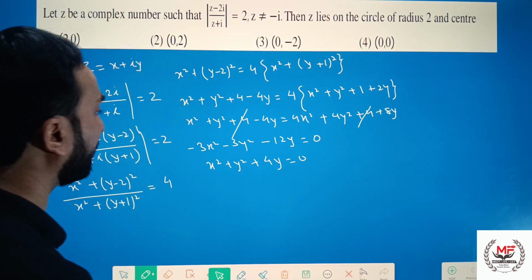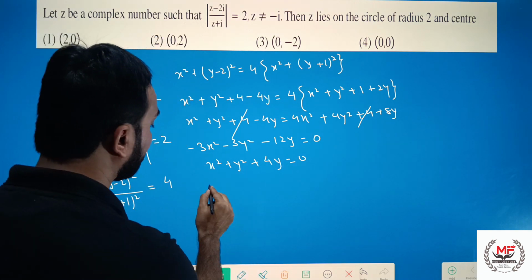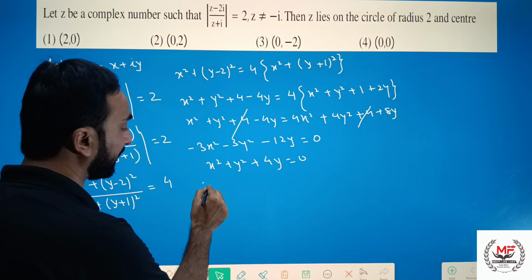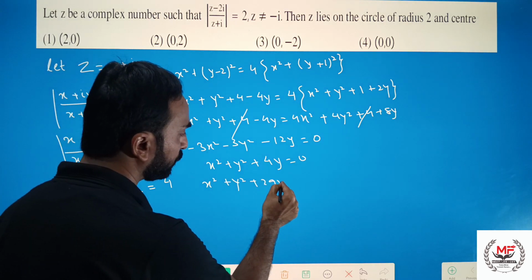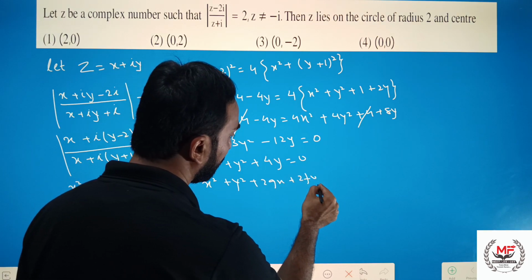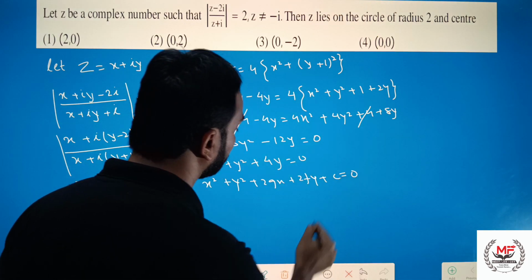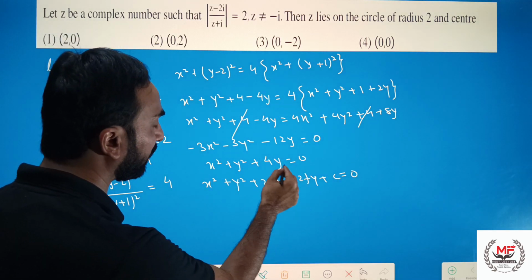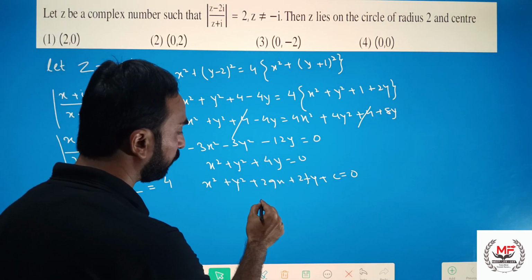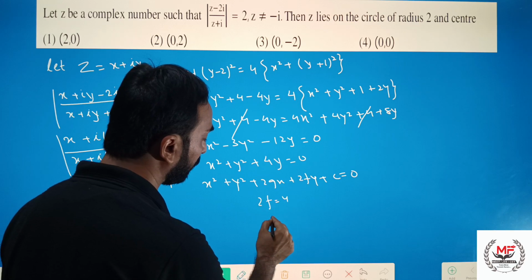Now I can see here that when we compare with the standard form of the circle equation, which is x square plus y square plus 2gx plus 2fy plus c is equal to 0, right? So when we compare it, we will find that 2fy is 4y, that is, 2f is equal to 4.